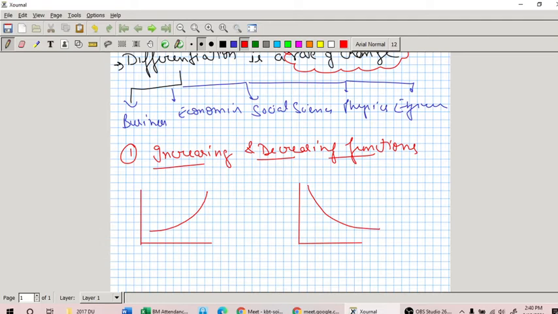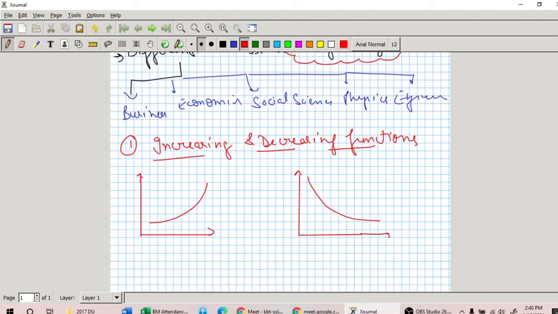We must understand where this curve is increasing or where this curve is decreasing. Why? Because if you are working on your cost system, you will work towards the decreasing of cost function. You always try to minimize your cost function, and you always try to maximize your revenue function. You always try to maximize your sales function. So as a businessman, you must be having some functions and your desired direction of that function to behave in that particular manner.